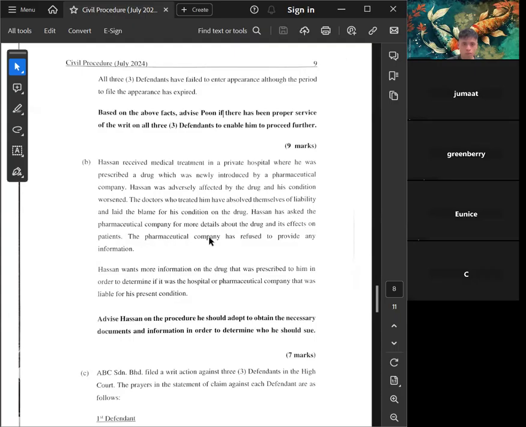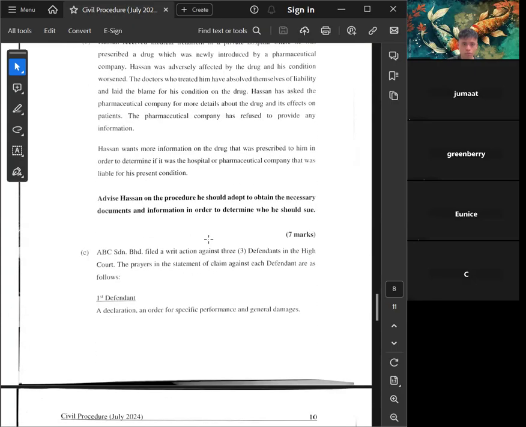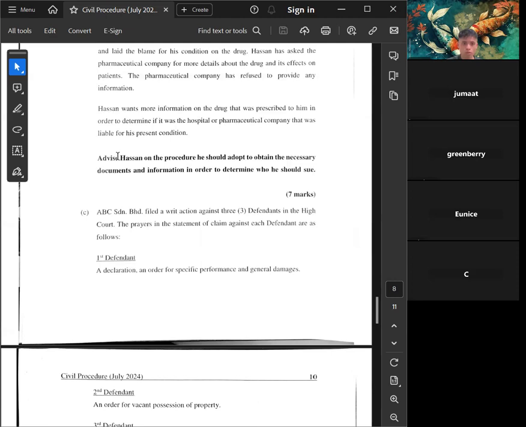The pharmaceutical company has refused to provide any information. Now Hassan wants more information on the drug that was prescribed to him in order to determine if it was the hospital or the pharmaceutical company that was liable for his present condition. Advise Hassan on the procedures he should adopt to obtain the necessary documents and information in order to determine who he should sue. So, anyone knows the answer?